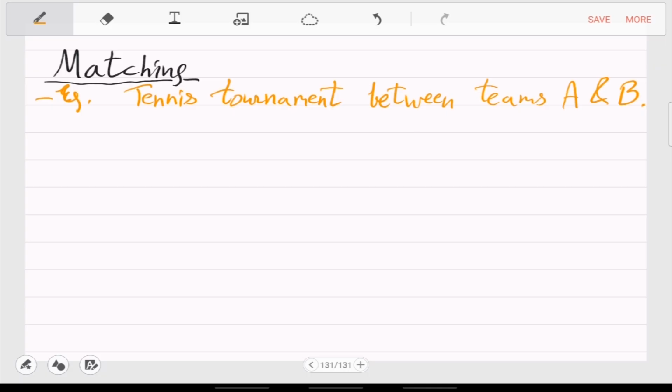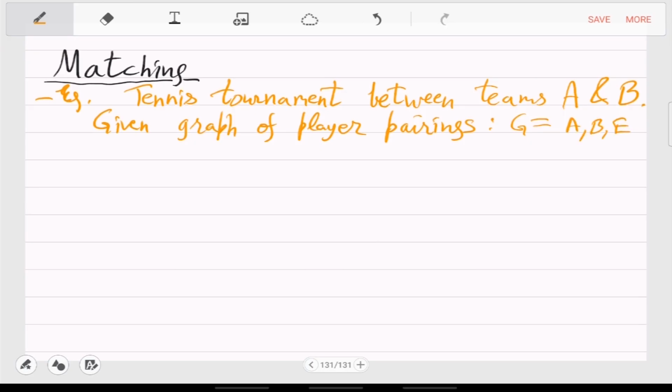Okay, so this bipartite graph is given to you. So given the graph of player expertise, or maybe player pairings, let's say, G, which is A, comma B, comma edges.